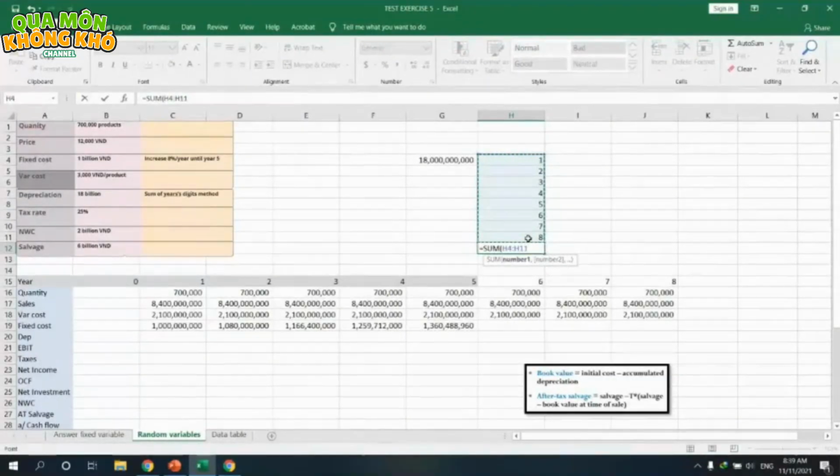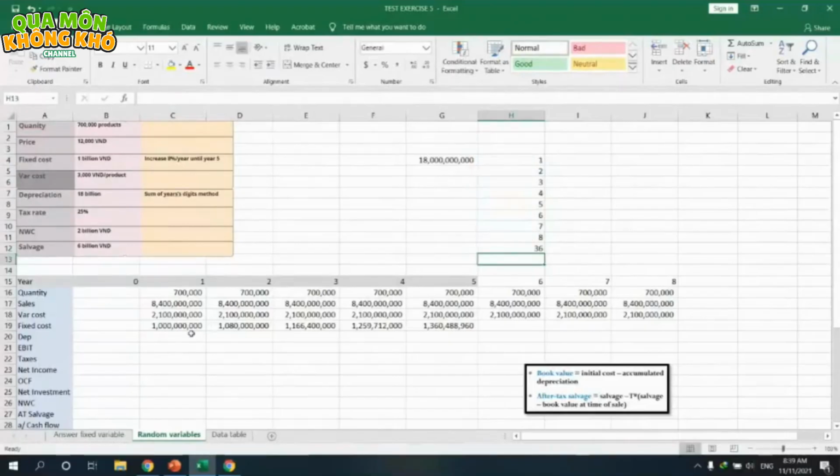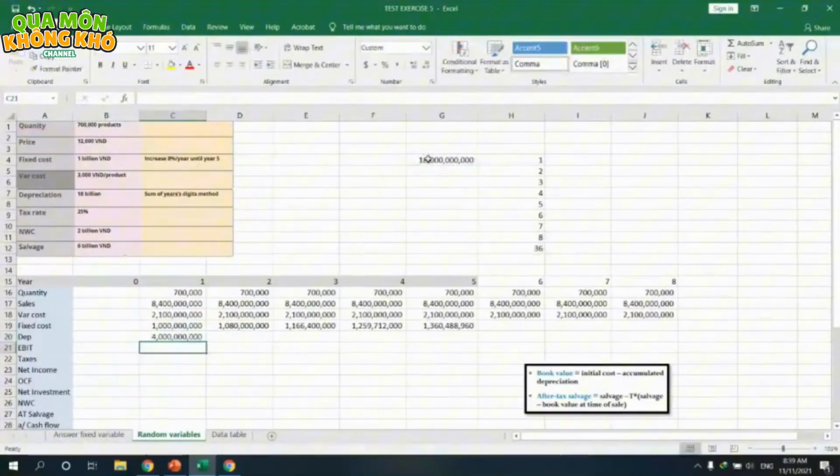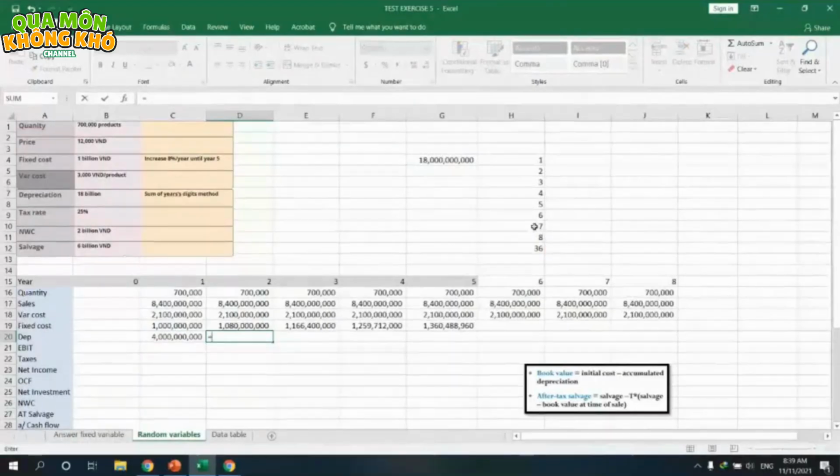That means we have a total of 36 years. So in the first year, we have to depreciate 8 years. So we take 8 divided by the total year and multiply with the cost of machine, which is 18 billion. Next, for year 2, we take 7 divided by 36, multiply with 18 billion.